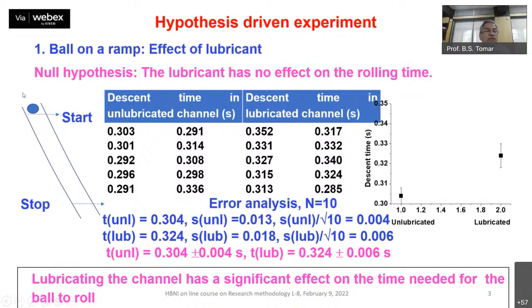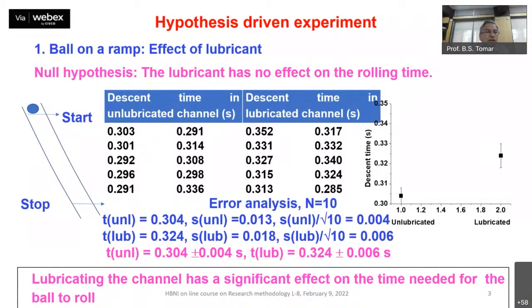I have given a cartoon here, like a slide, and you are rolling a ball from here to here. You can put optical sensors to record the start time and the stop time of the ball, so that every time the distance traveled is the same. So you note down the time. Okay, this is the experiment.